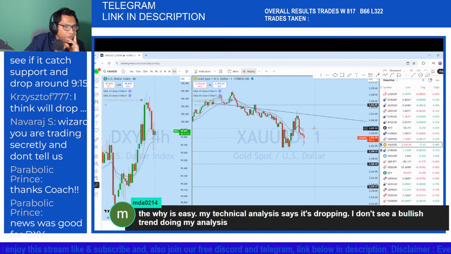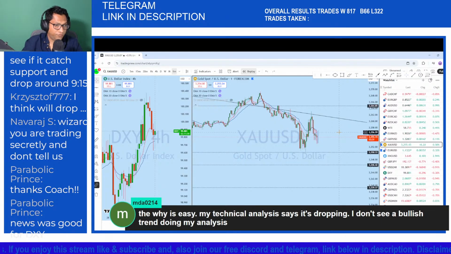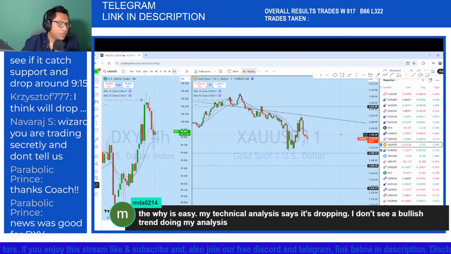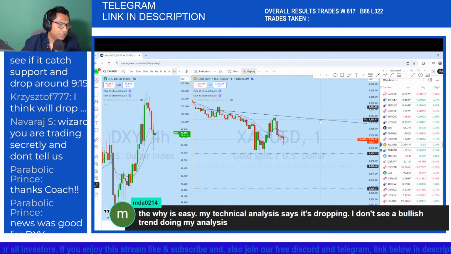So in that area, we can see there is a long wick doji, and with this doji formation, we can expect the market to possibly trend back here to that support level.